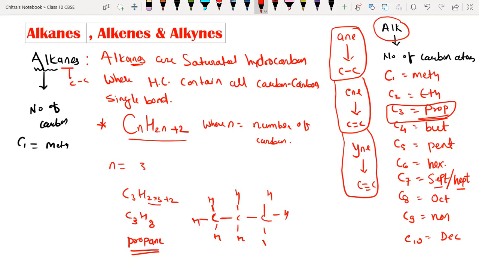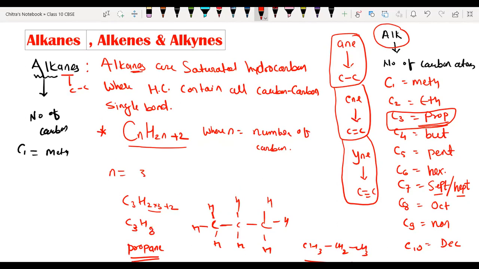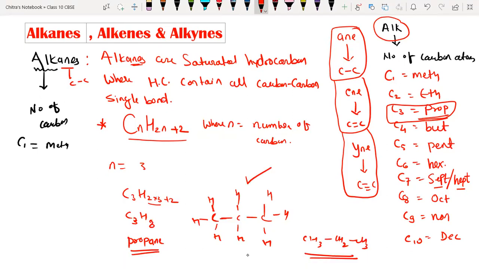This is the dash structure of propane. Or we can write CH3, CH2, CH3 like this. That one is the dash structure, and this is the line structure.